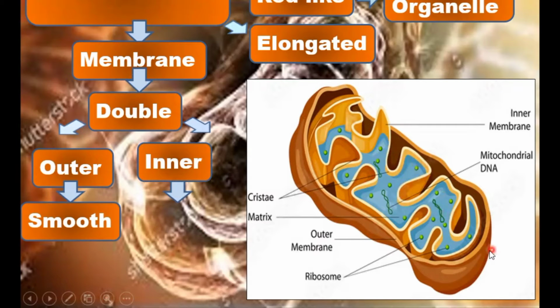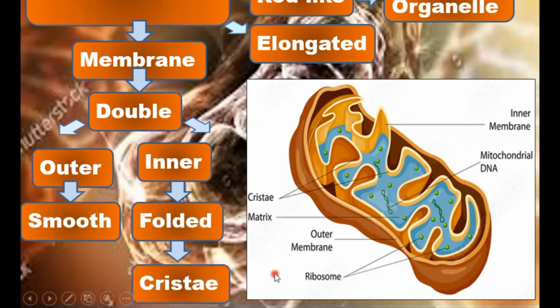As you can see here, the inner membrane has many enfoldings, and it is folded to form the cristae. It has many enfoldings, and these enfoldings are known as the cristae.